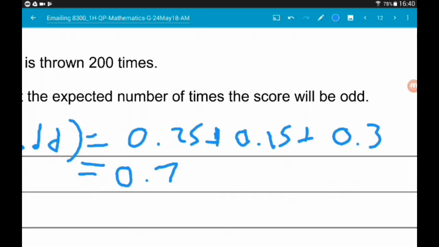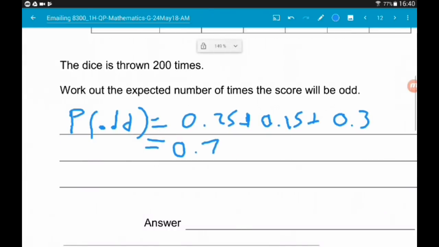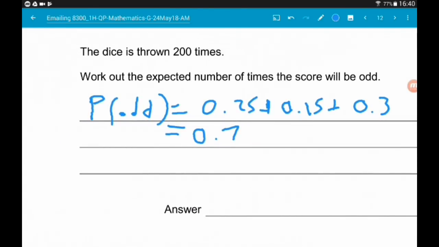So to get the number of times we'd expect an odd score, we multiply the probability by the total number of times the dice is thrown. So we now want to do 0.7 times 200. Well, 0.7 times 100 is 70, so multiplying by 200 gives us 140.